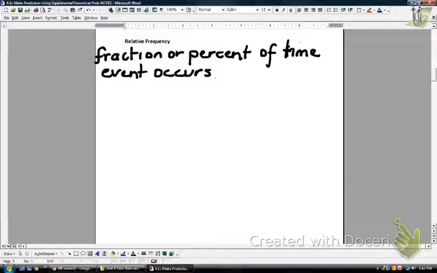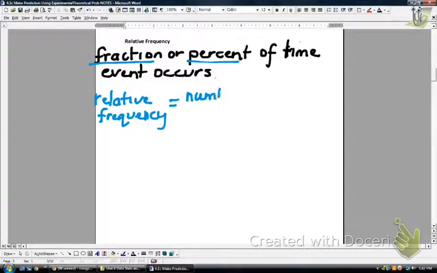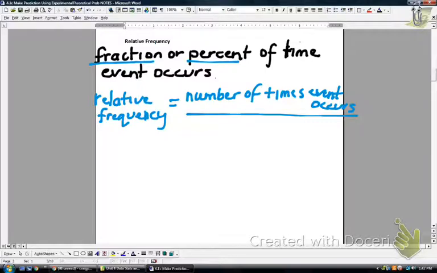So relative frequency is a fraction or a percent of time that an event occurs. So here's how we write that. Relative frequency is number of times event occurs over total number of times you conduct the experiment.